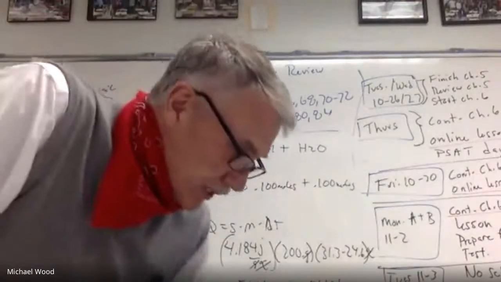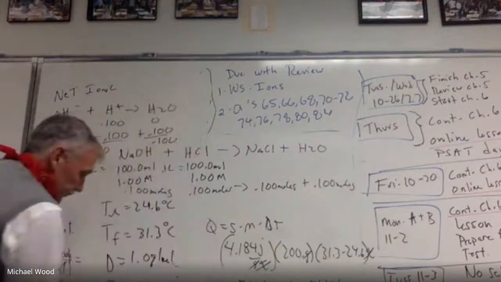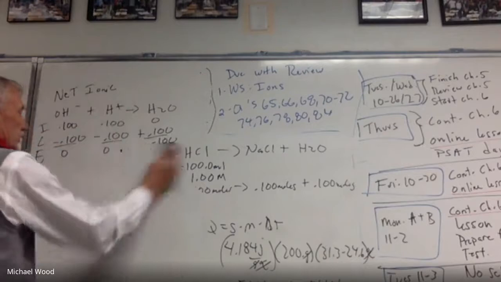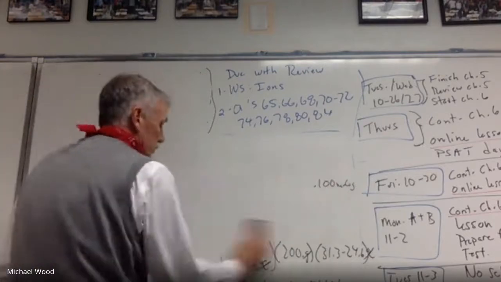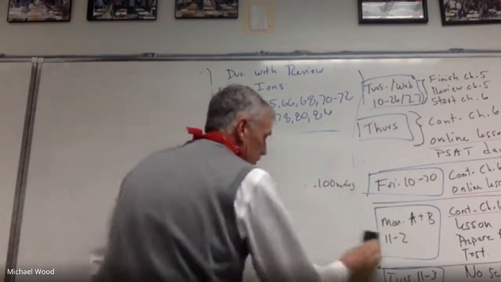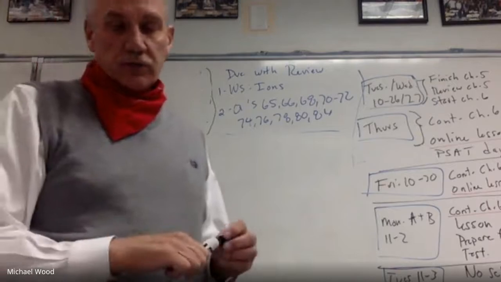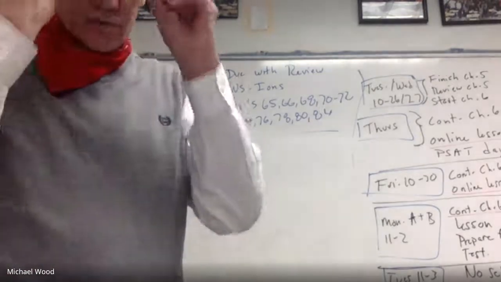Again, if they give us heat capacity, I'm going to write out everything it says, just the normal way to do this. So we have 1.435 grams of naphthalene.